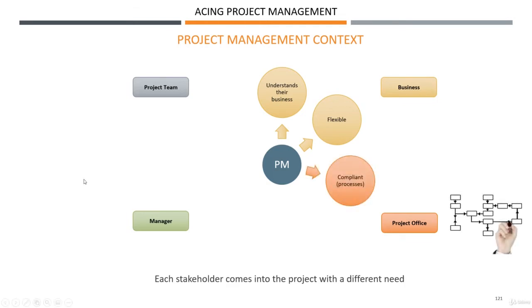Sometimes it's not a project office, as mentioned. This is just one possible variation, but I'm just going to assume there is a project office. If it's not the project office that wants you to be compliant, because that's a need they have, compliance, it would be someone else. There is always someone out there that wants you to be compliant.